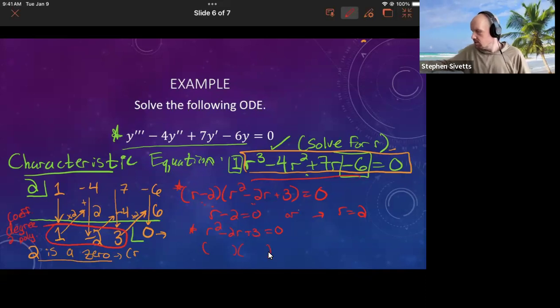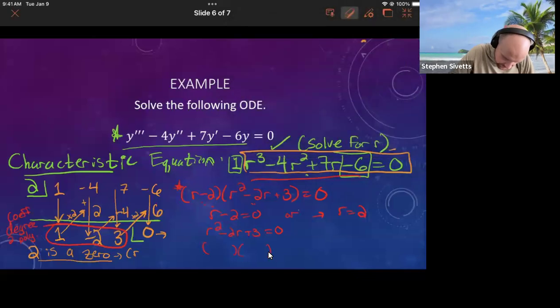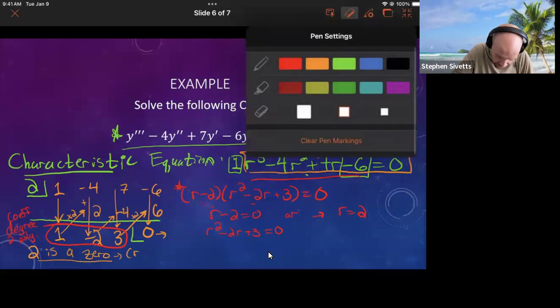Do we have such numbers? I don't think so. Yeah, we're going to have to use the quadratic formula for this equation here. If it were a minus 3, then that would work. But we have a plus 3, so we have to use the quadratic formula, but that's okay.